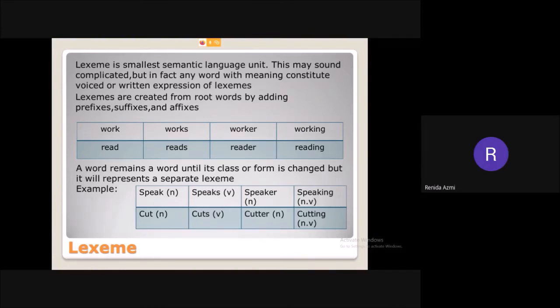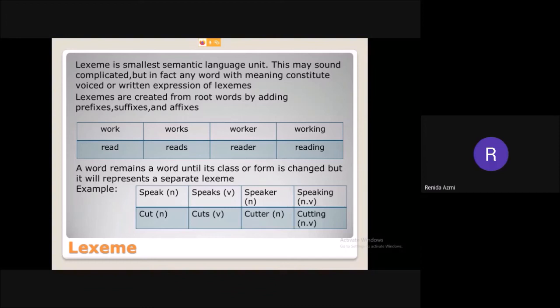Lexeme is the smallest semantic language unit. This may sound complicated, but in fact any word with meaning constitutes the voice or written expression of a lexeme. Lexemes are created from root words by adding prefix, suffix, and affix. Here are examples: work, works, worker, working. Read, reads, reader, reading.